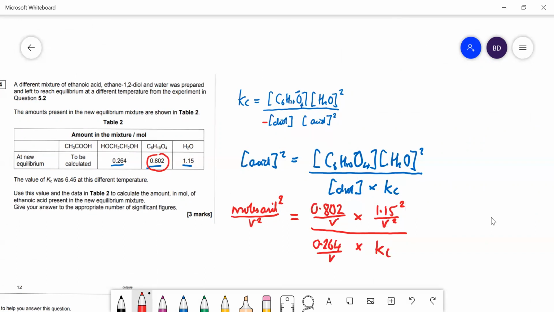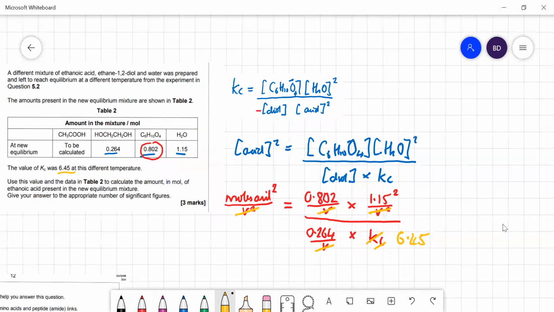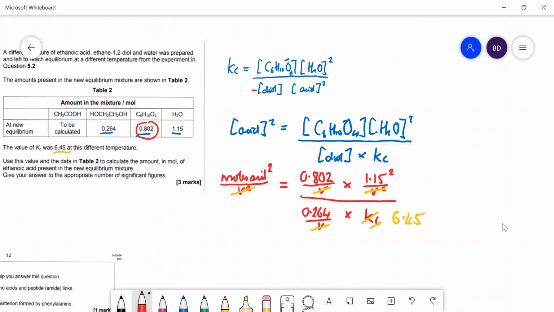Right, so I'm going to divide both sides of the equation by 1 over V squared, so I can cancel that out. Then I can cancel that V with that V. Now all we've got to do is substitute the value of Kc, which they say is 6.45. So put all those numbers into my calculator, and I get moles of acid squared.